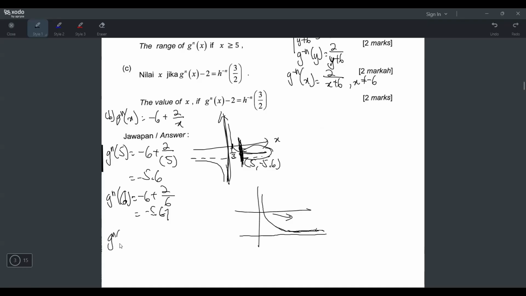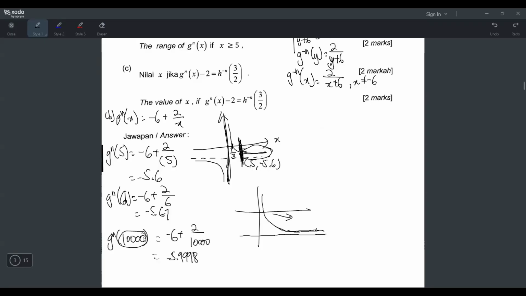Let me prove to you. If you put g(n) and you put 10,000, it means you make your x coordinate 10,000 and see what you get. -6 plus 2 over 10,000, right? If you press this, you see what the calculator gives you. -6 plus 2 divided by 10,000. You can see your calculator gives you -5.9998, right? So I think you understand already.